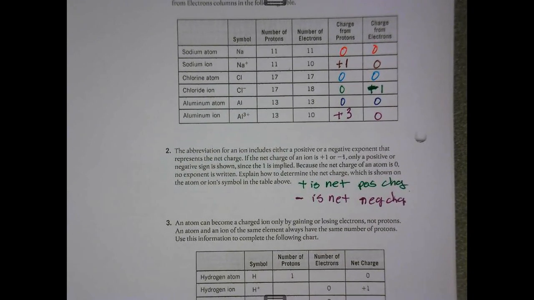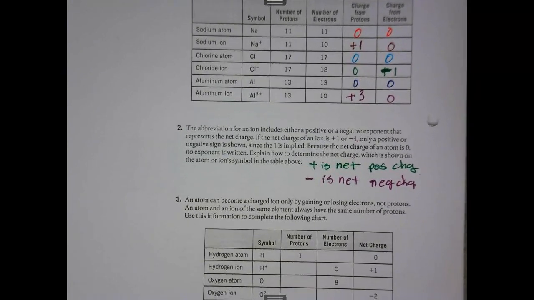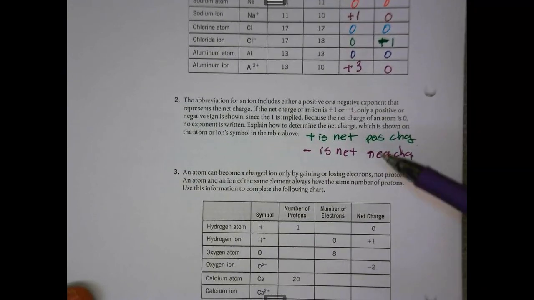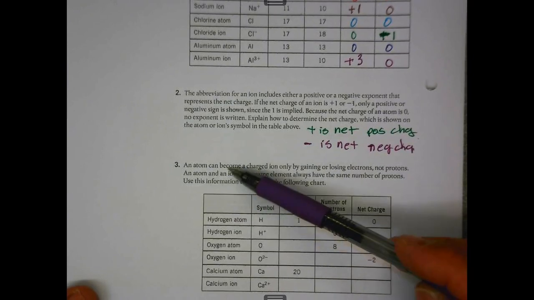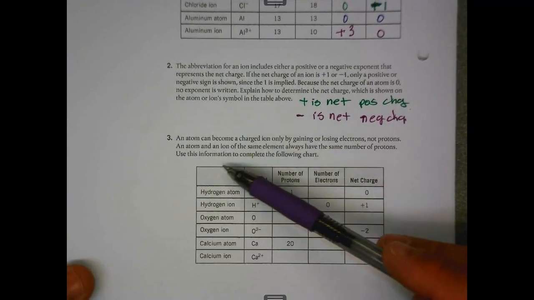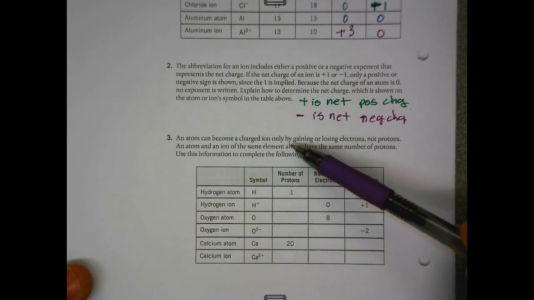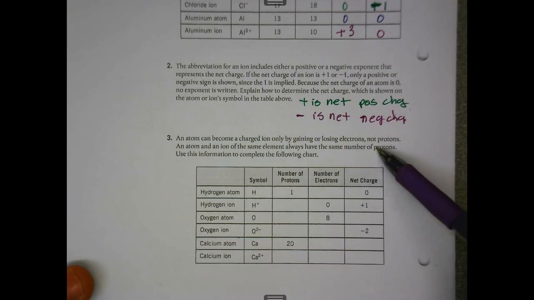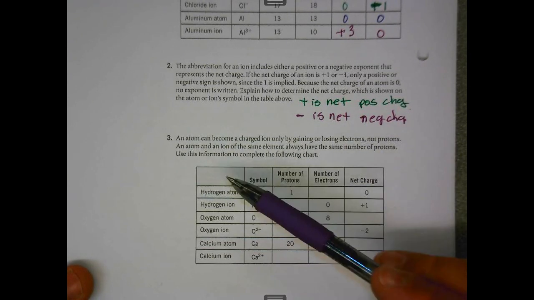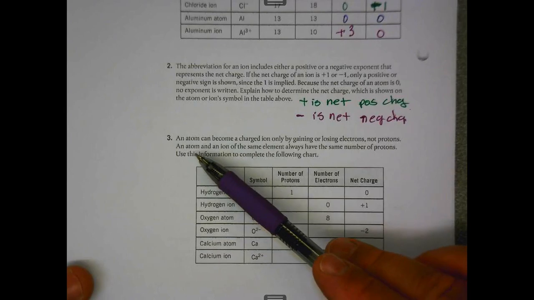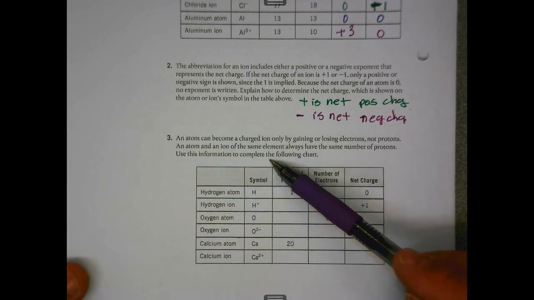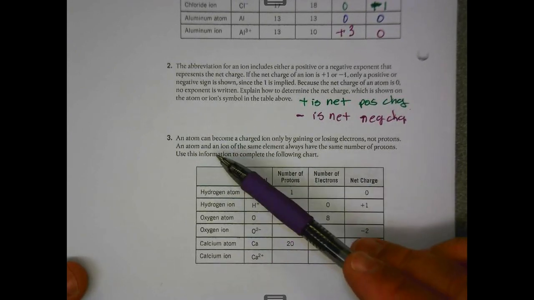Number three, an atom can become a charged ion only by gaining or losing electrons, not protons. An atom and an ion of the same element always have the same number of protons. Use the information to complete the following charge.